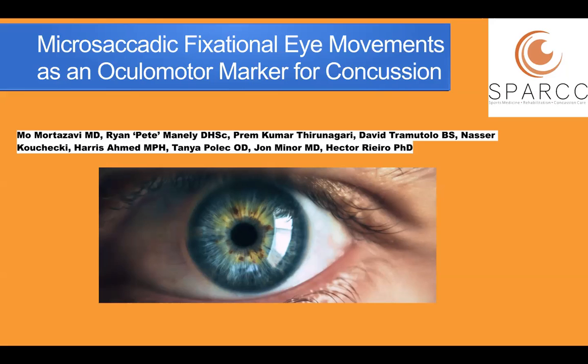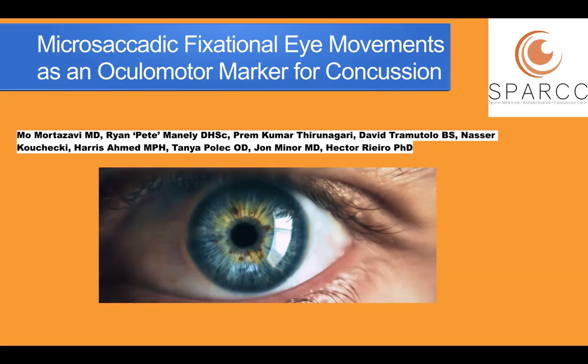And there's a total of 5 variables that are looked at with the fixational test, starting with the number of microsaccades, also known as the rate of microsaccades, and then the other big one is the size or the magnitude of the microsaccades. We also calculate the velocity of the microsaccades, or the speed, as well as the visual area covered by the fixational movements.